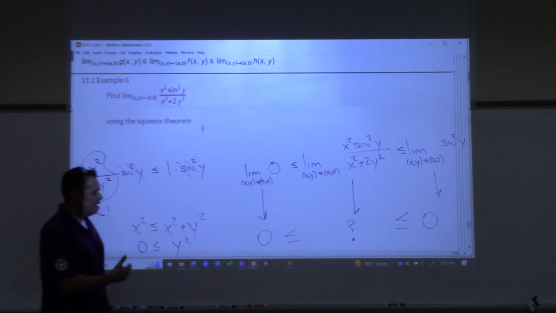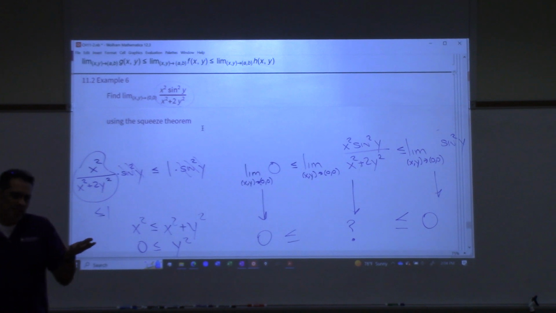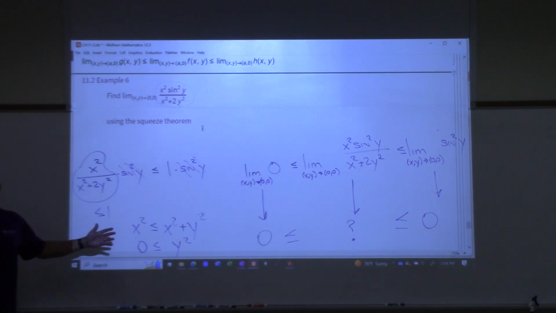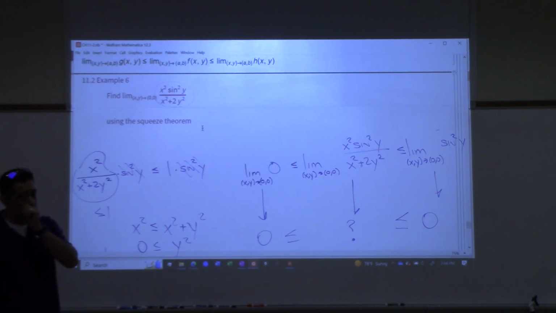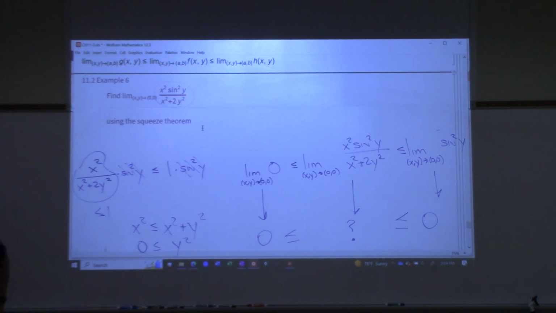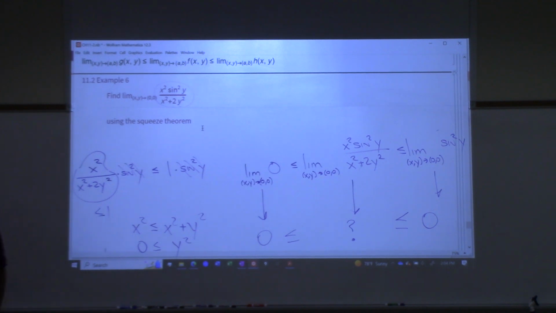That's the only way to do it other than the path technique, which I just said you can't check every path. So this is about all we have in our toolbox to do limits of functions of two variables: the squeeze theorem. Yep? Squeeze theorem only works with sines and cosines, doesn't it? No. Any function that you can squeeze between two others, it'll work.